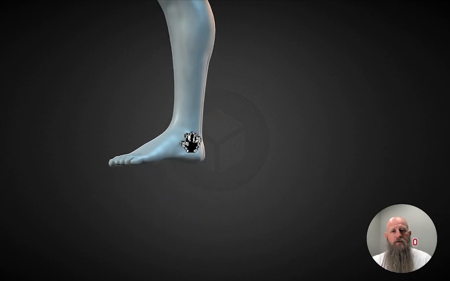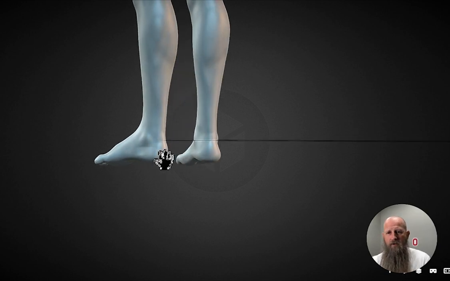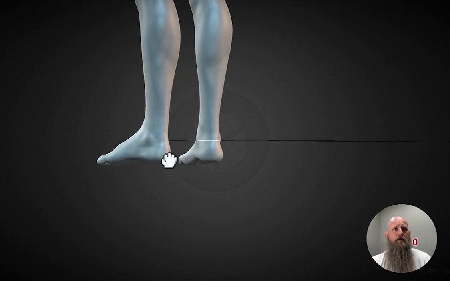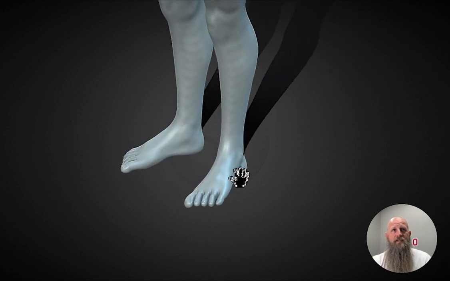Now we go down a little bit. We have the tarsal region. This is where the ankle bones are. The heel is known as the calcaneal region. That's where the calcaneus bone is. Then you have the plantar region, which is the bottom side of the foot, the sole of the foot. You have the dorsum of the foot, which is the top side of the foot.